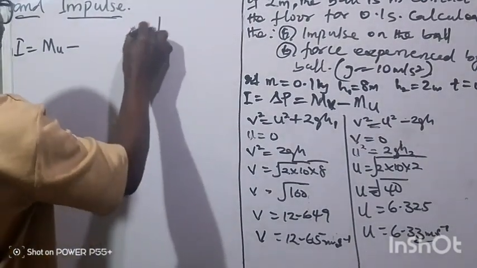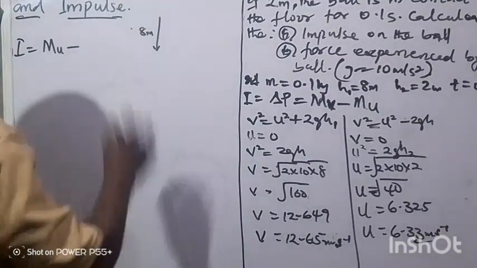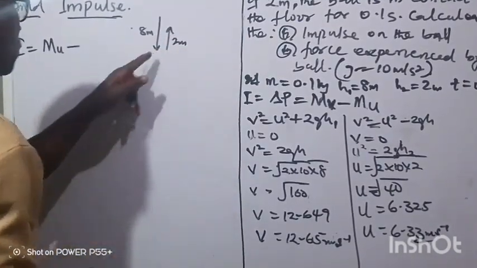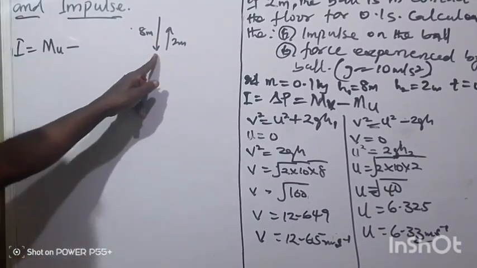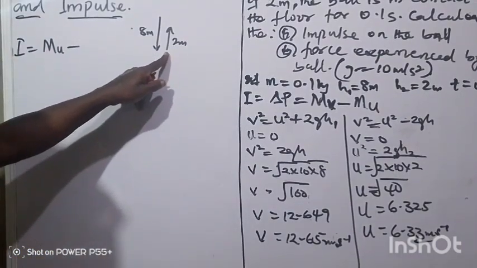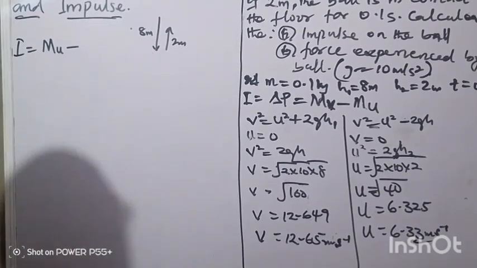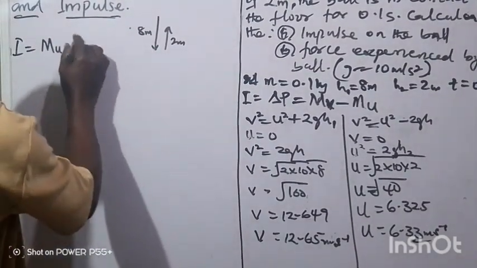When it bounced back, it moved up to the height of 2 meters. If you look at this motion, when it bounced back, the motion is opposite to this one. And when it is opposite, it will be minus mu.